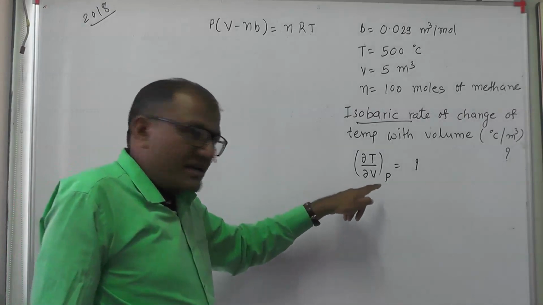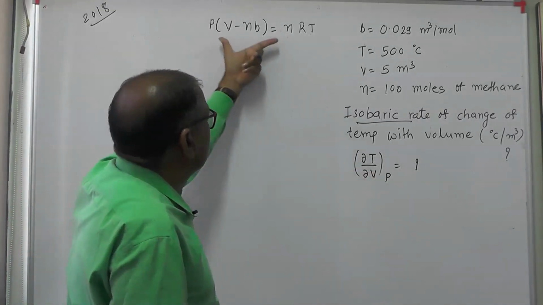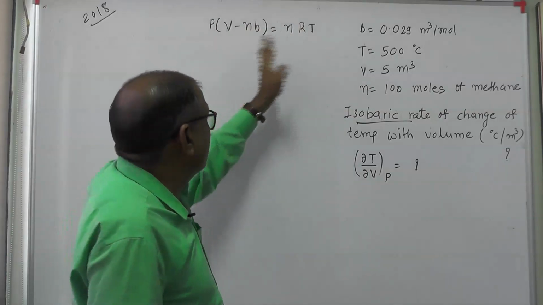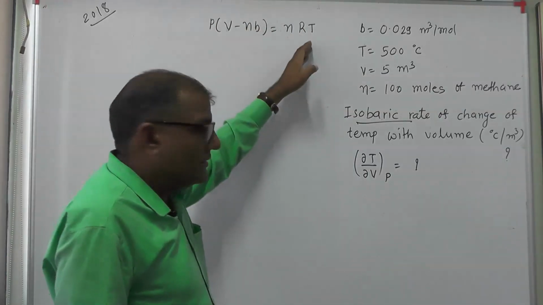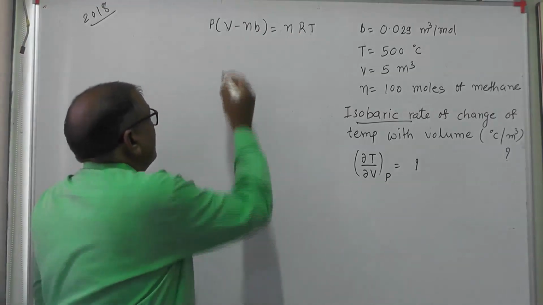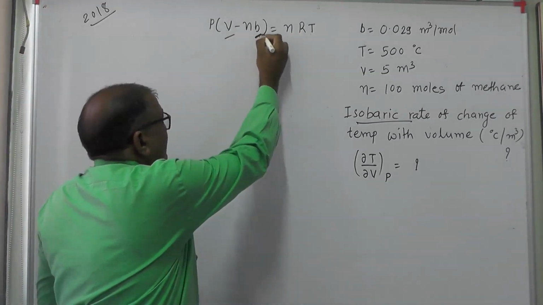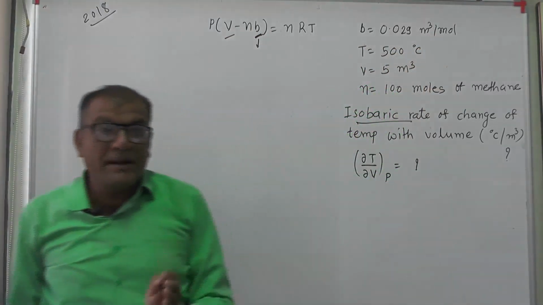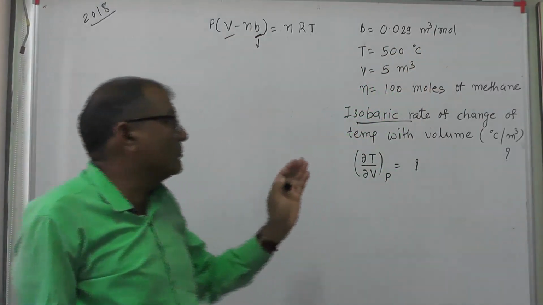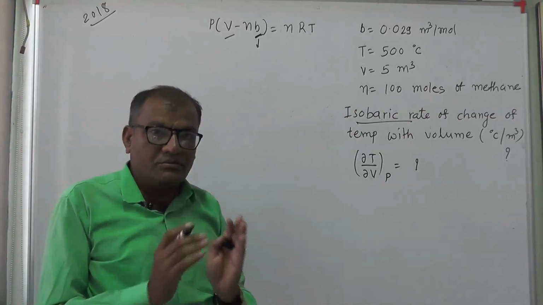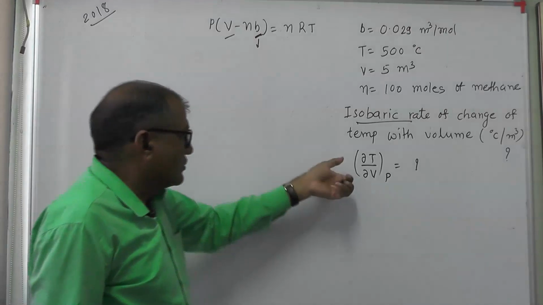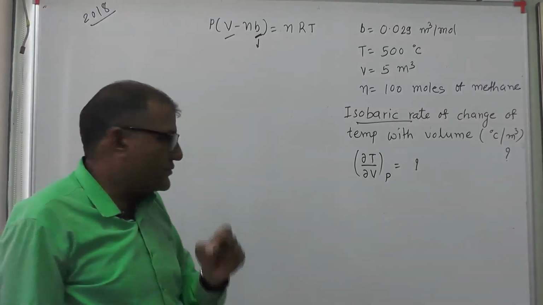To calculate this derivative, we can use this equation of state, meaning we can take the derivative with respect to volume on both sides, keeping pressure constant. But B is also dependent on volume, and we don't know the relation of B and V, so this is a little confusing.